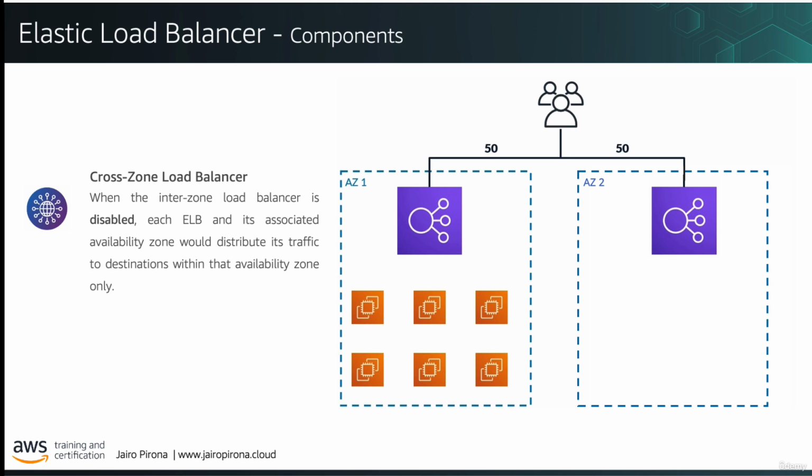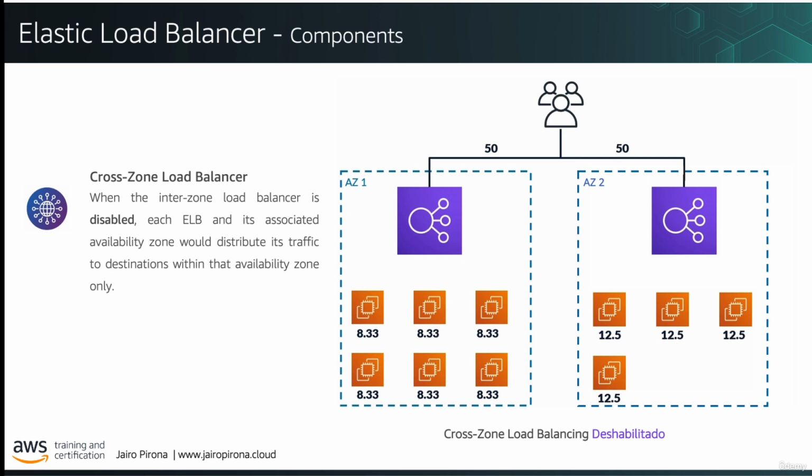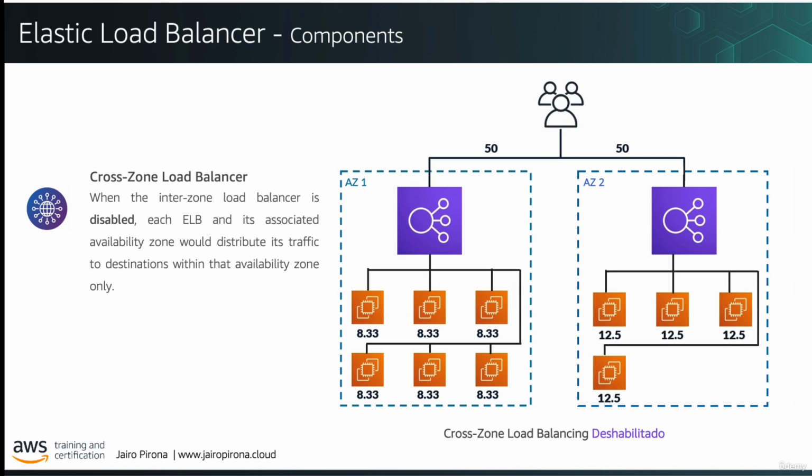One availability zone has 6 destinations and the other has 4 as shown here. So, when cross-zone load balancing is disabled, each ELB and its associated availability zone would distribute its traffic to the destinations within that availability zone only. As we can see in the image, this results in an uneven distribution of traffic for each destination across availability zones.